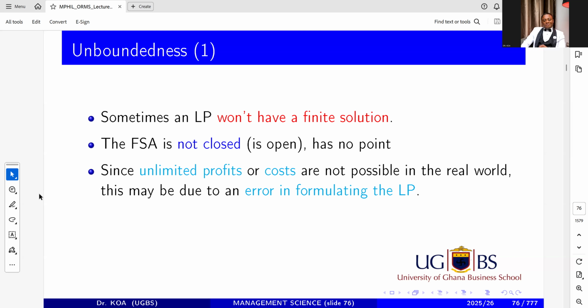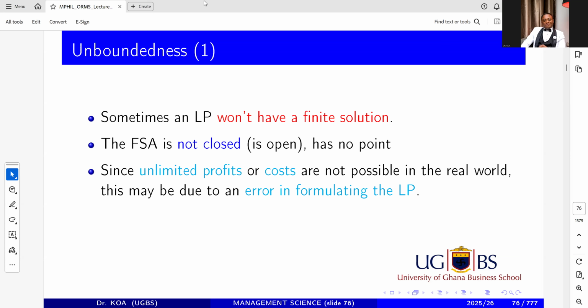But sometimes you will have a solution that is infinite. And that happens when the feasible solution area is open. And when it is open, there's no point, and because there's no point, nobody will be able to actually be part of it.